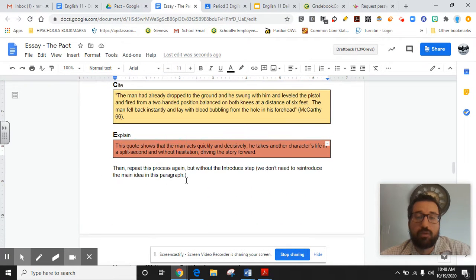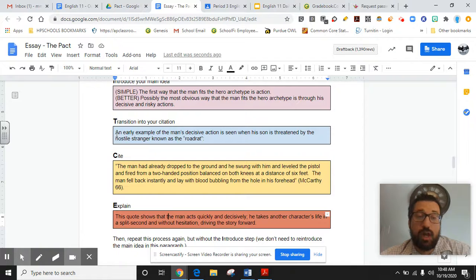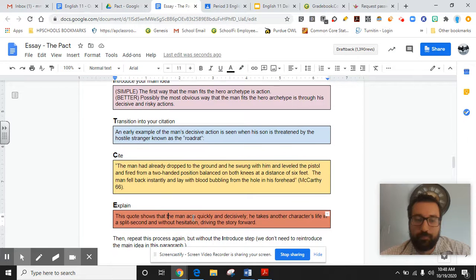Okay. And then you would repeat this process again for your second quote, but you wouldn't need to introduce, right? Because you've already done that. You don't need to introduce your main idea again. You could reiterate it, maybe with different wording, but you don't necessarily have to. Okay, so the next one would be a transition, you could say another example of blah, blah, blah, and then jump into your next quote and your next explanation.